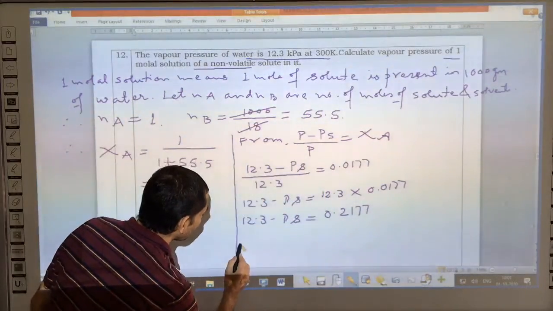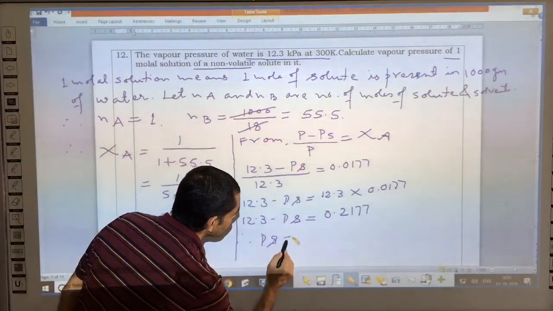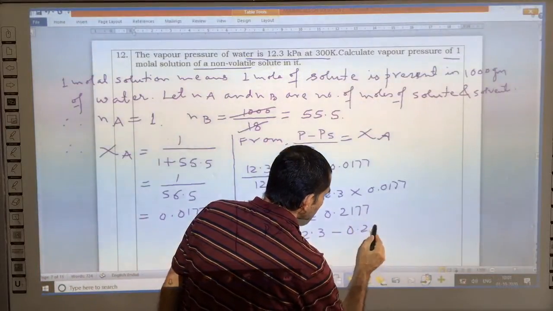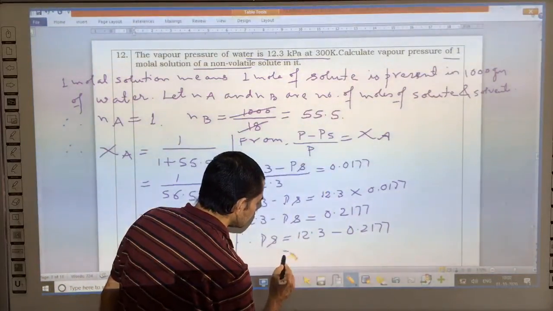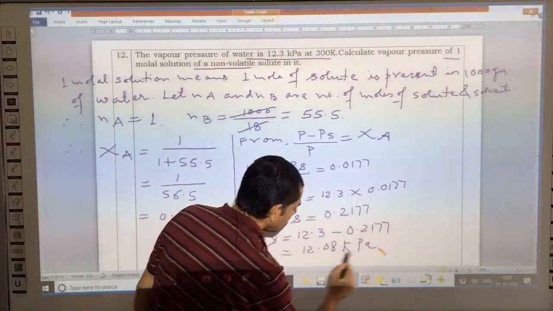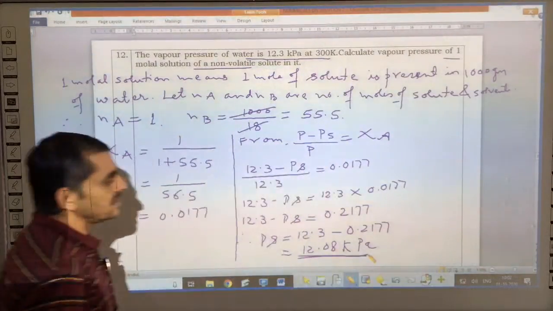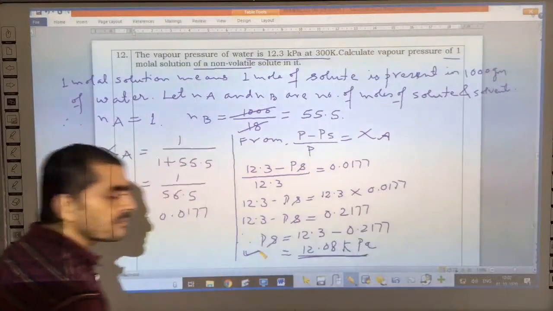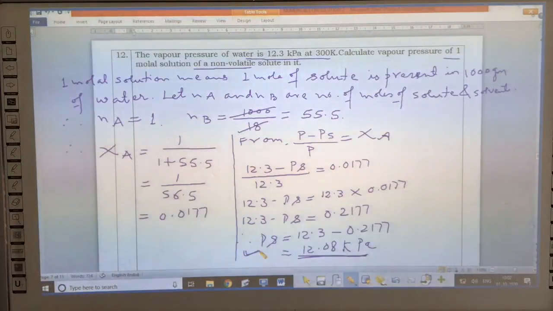Okay, therefore PS will be equal to 12.3 minus 0.2177. You will get the answer 12.08 kilopascal. This is what you have to calculate. 12.08 kilopascal. This was the vapor pressure of solution, and vapor pressure of solution is always less than vapor pressure of pure solvent. Clear? This numerical is very simple.